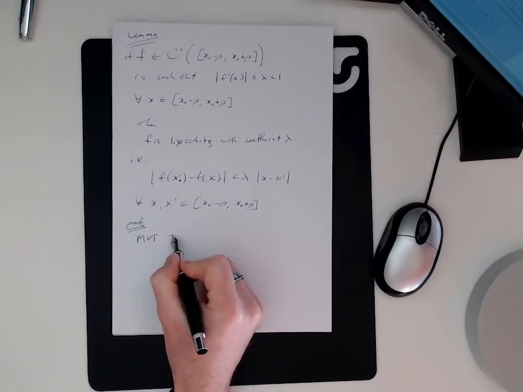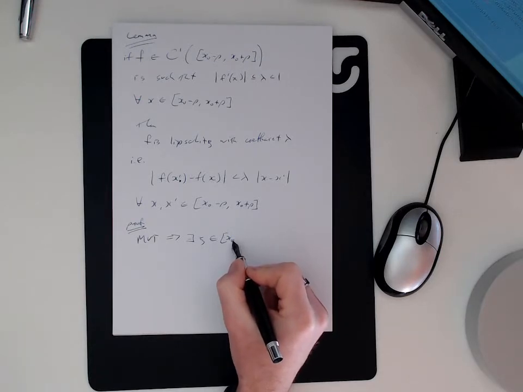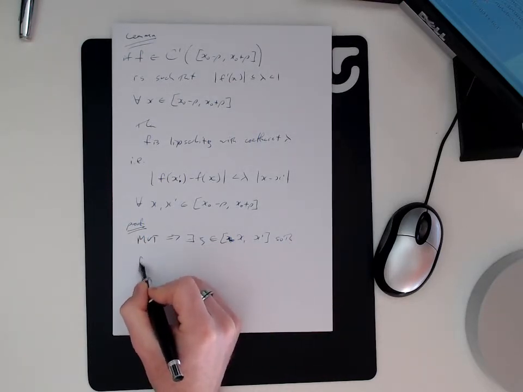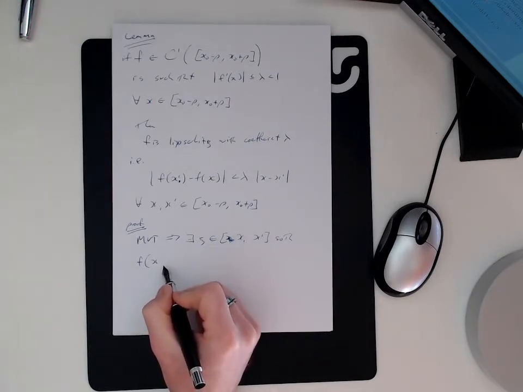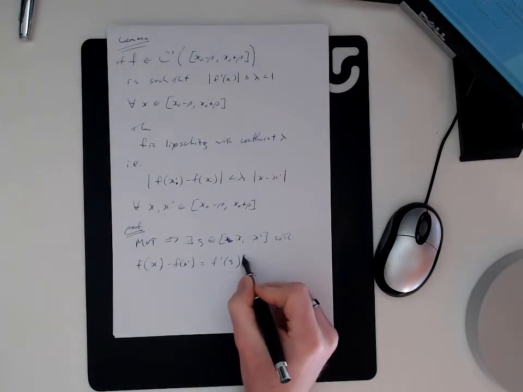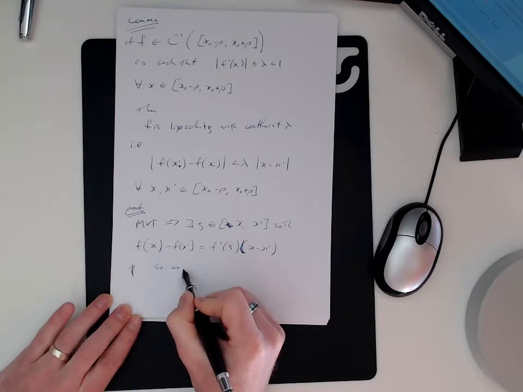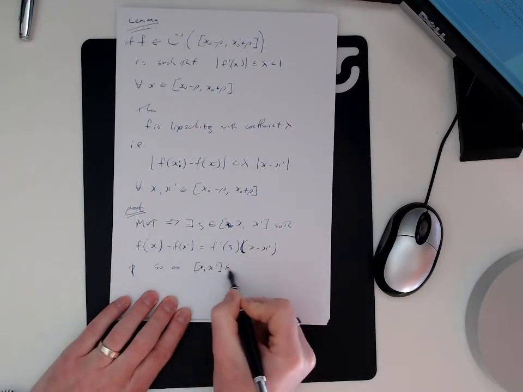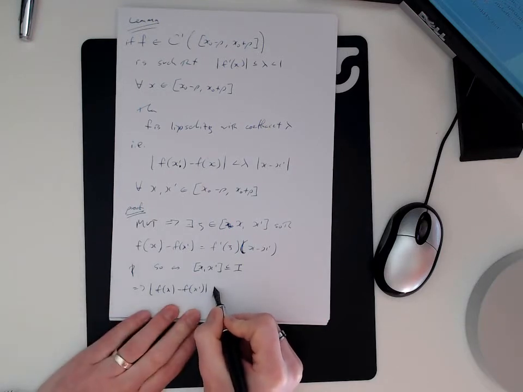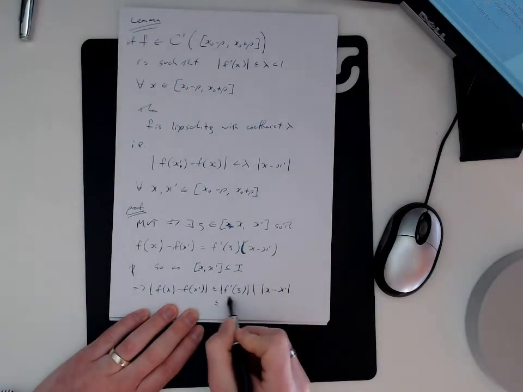Mean value theorem implies there exists zeta inside the interval between x and x dash, so that, I'm just being super pedantic and a bit careful here, f(x) minus f(x dash) is equal to f dash of zeta times x minus x dash, which implies that, as this interval is a subset of I, we know that the absolute value of this is less than the absolute value of that, which is less than the absolute value of this times the absolute value of that, which is less than or equal to, well, we have a bound on that, so that's lambda.